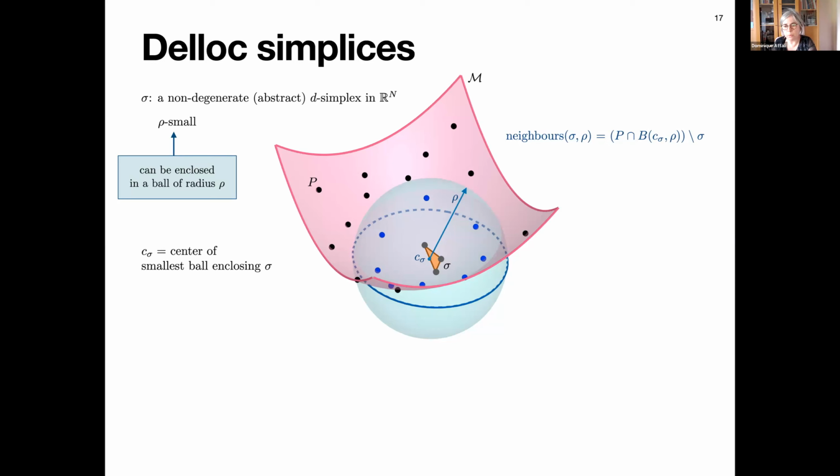So these are the blue points that you can see here. And now we are going to project those neighbors onto the affine space spanned by sigma. And what we obtain is a bunch of points, the red points there, that we're going to call the landmarks of sigma at scale rho.